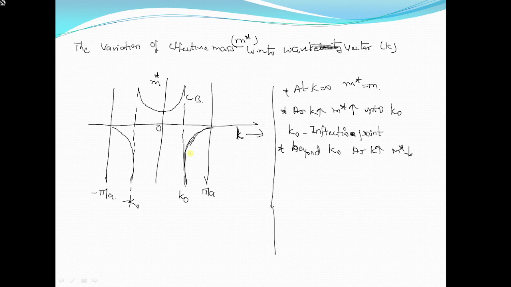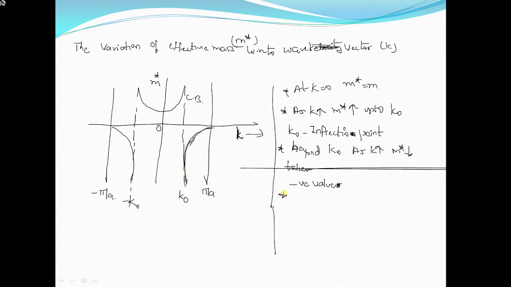Beyond k naught, as k increases, effective mass decreases and takes negative value, which is shown in the figure.